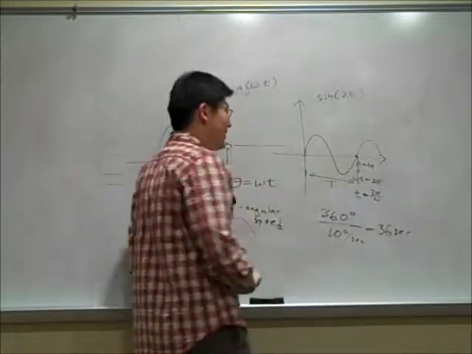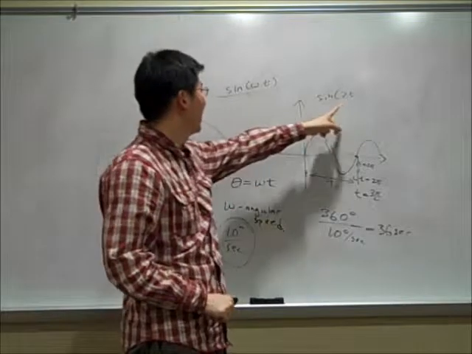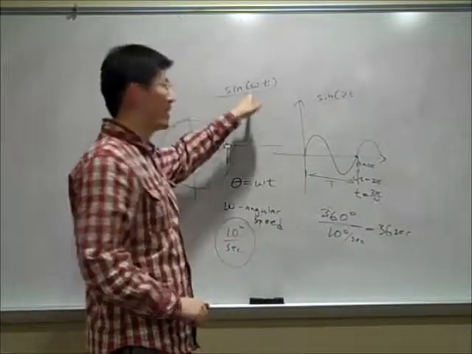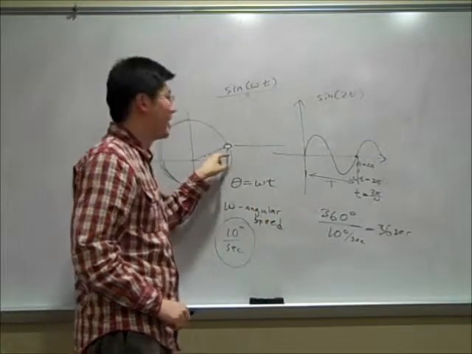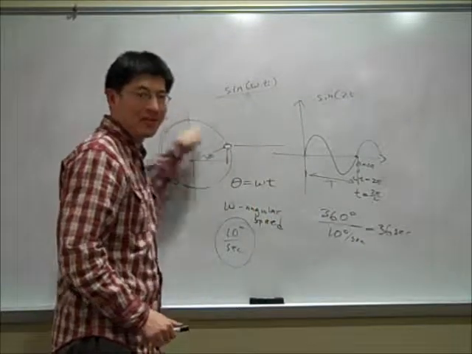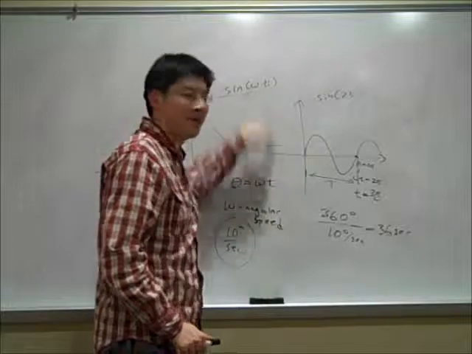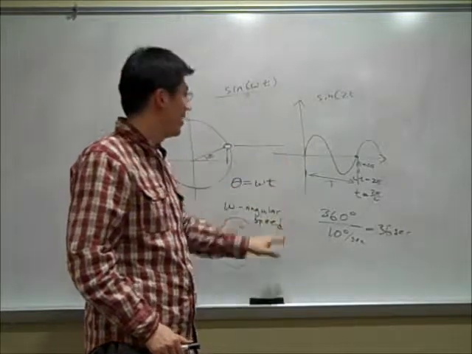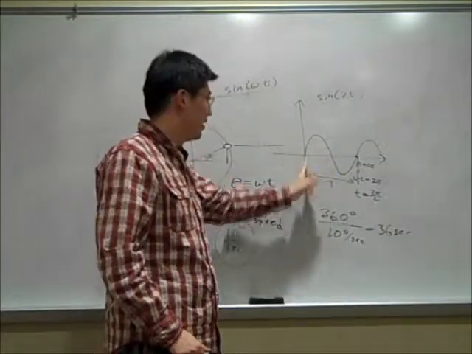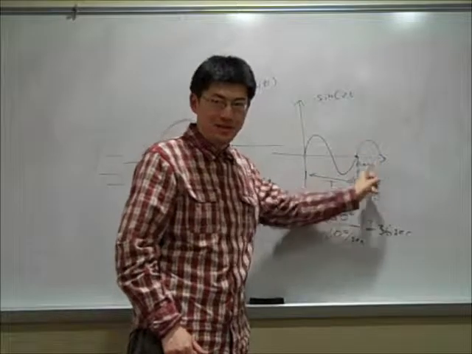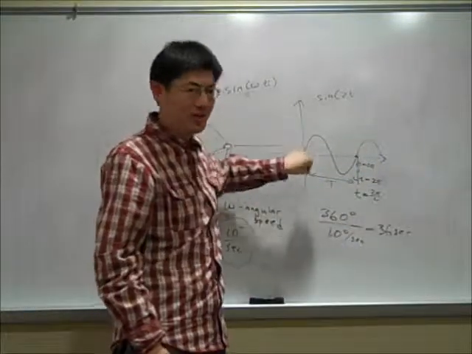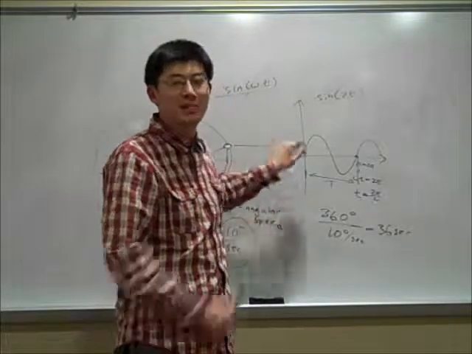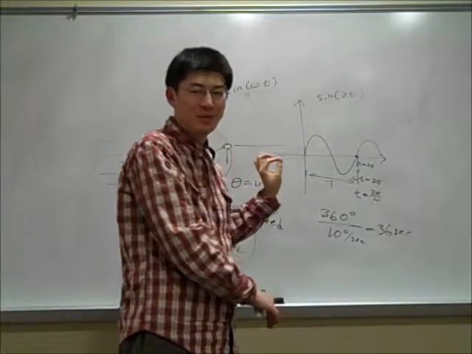Now let's think about how this thing actually affects the wave. This is the angular speed. The faster the angular speed is, the faster this thing goes around in the circle, and the faster the shadow moves on the wall. So over time, the frequency is higher, the pitch of this wave is higher, because the shadow goes up and down many more times in 1 second than before.